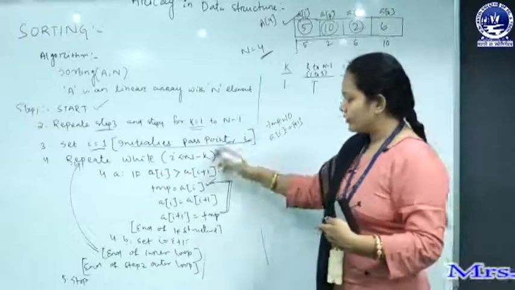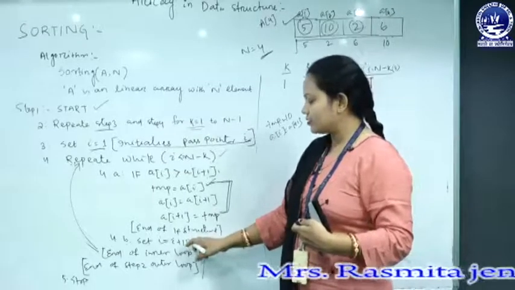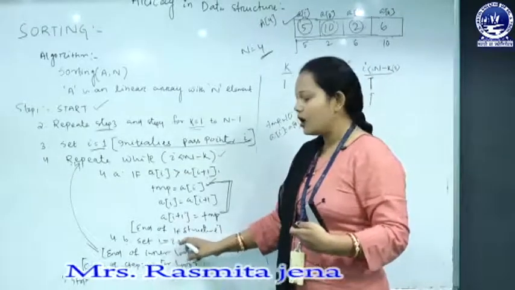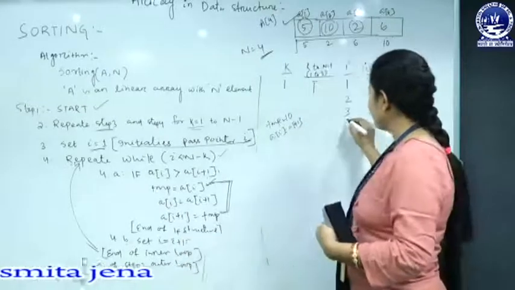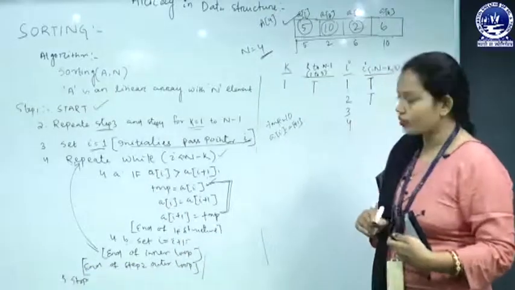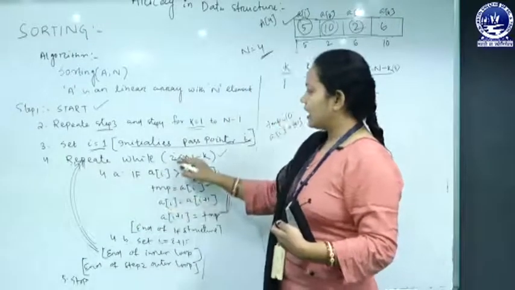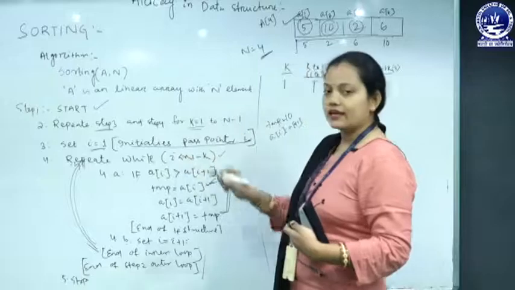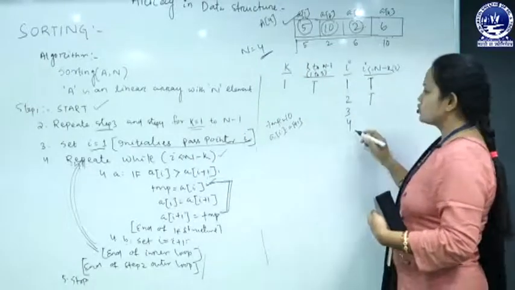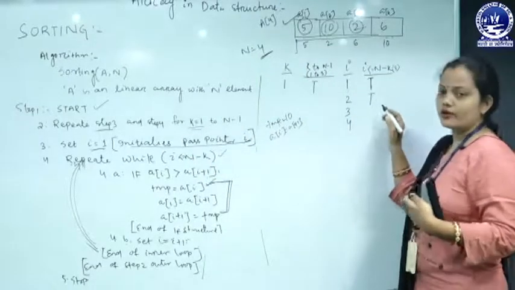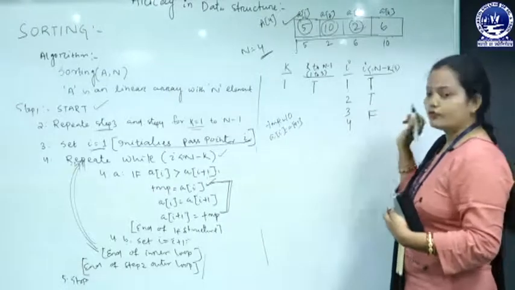Then we again increment the pass counter variable, I equals I plus 1. So I became 4. Then we go for the inner loop: I less than or equal to n minus k. n minus k is 3, so 4 less than or equal to n minus k is false.